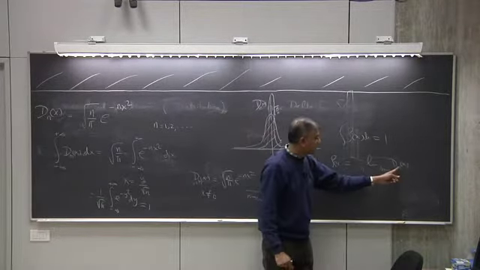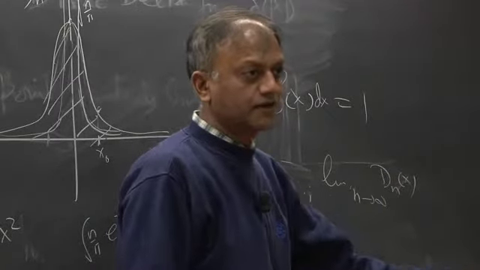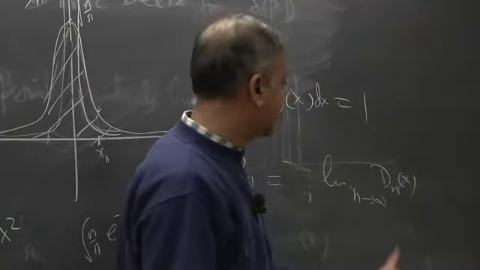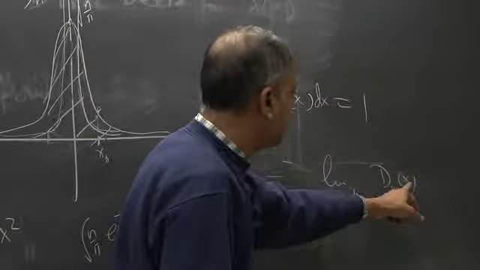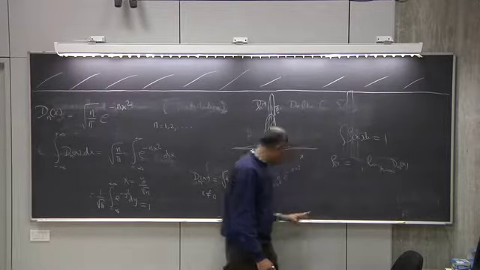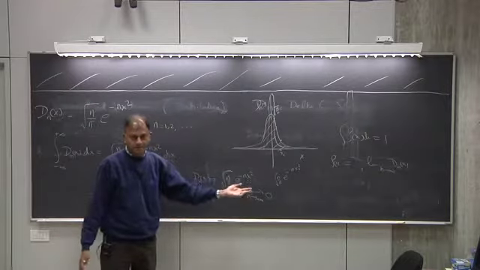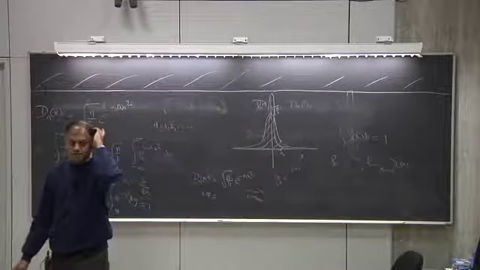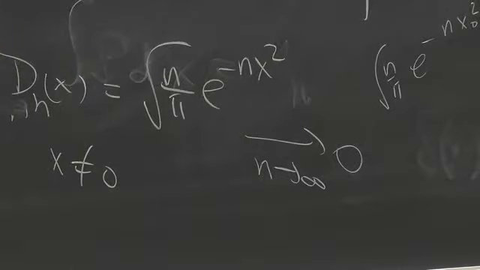Because for every dn, when I do this integral, it is 1. So in the limit as n goes to infinity, again the integral is 1. But at the same time, in this limit it is 0 for any non-zero value of x, as we see here. This goes to 0. So it has the right property. This is the kind of taking the point particle limit, but at the same time having a non-zero charge.